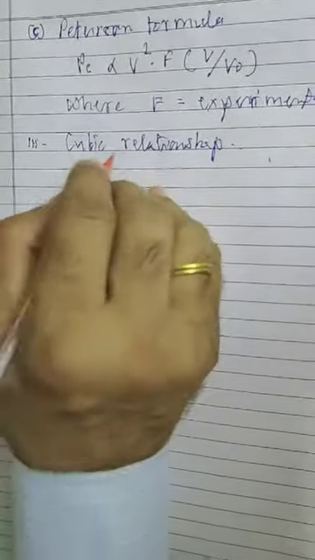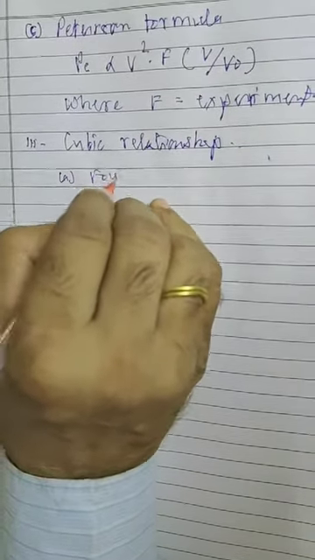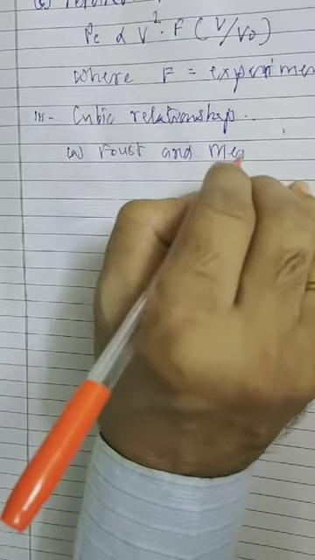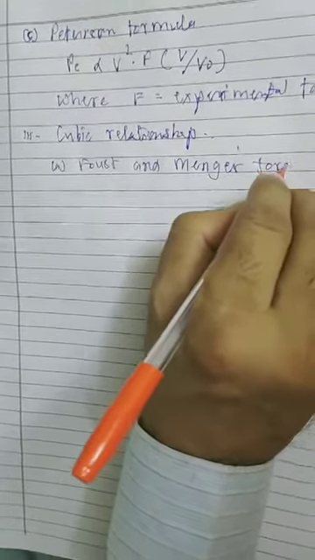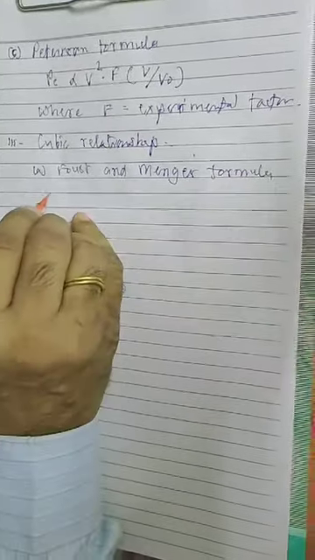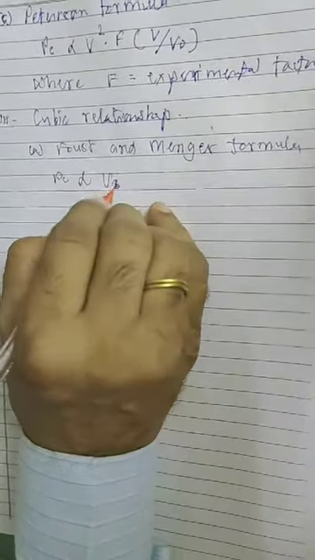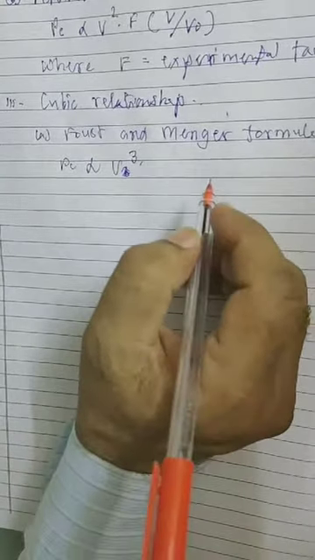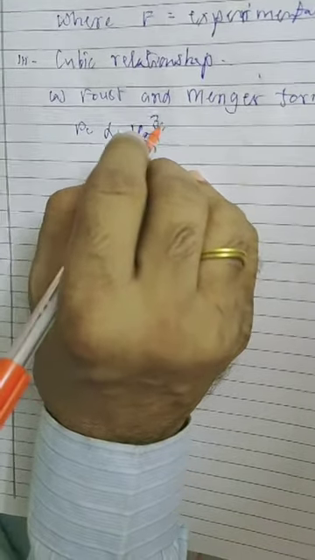So in this cubic relationship, as per the Faust and Menger formula, the corona loss Pc is directly proportional to V cube, where V is line voltage.